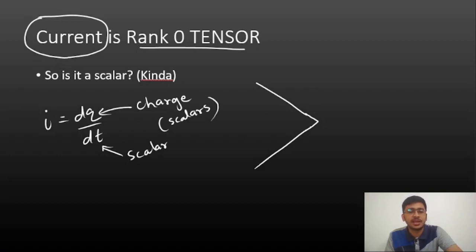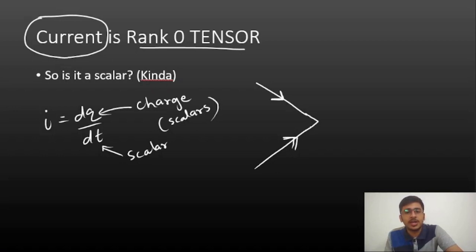Yes, current is a scalar, but it has a vector-like property, because in current electricity we represent something called an arrow which represents the direction of current, even though it has no direction. Charge is scalar, time is scalar, so it has no direction.